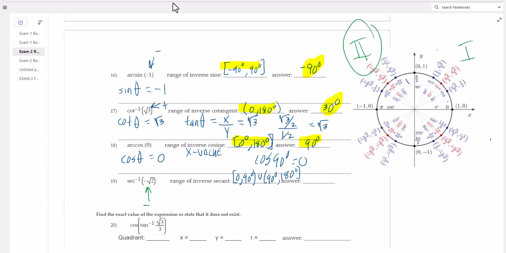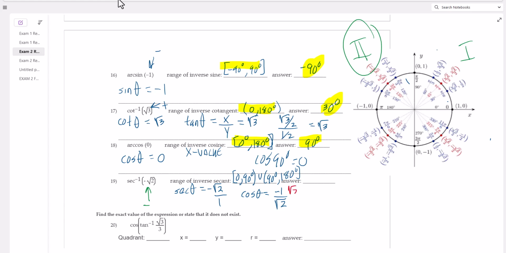So the meaning of this problem is the secant of some angle theta is equal to negative square root of 2. All right. Now, there's a couple of ways to do this. I think one of the best ways is to go ahead and change this to a cosine. A cosine is the reciprocal of the secant, and then it would be wise to rationalize this denominator.